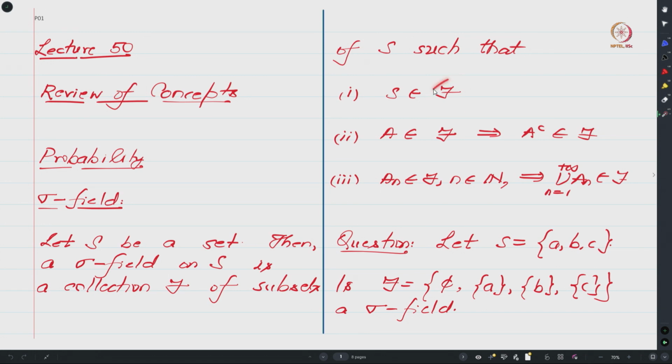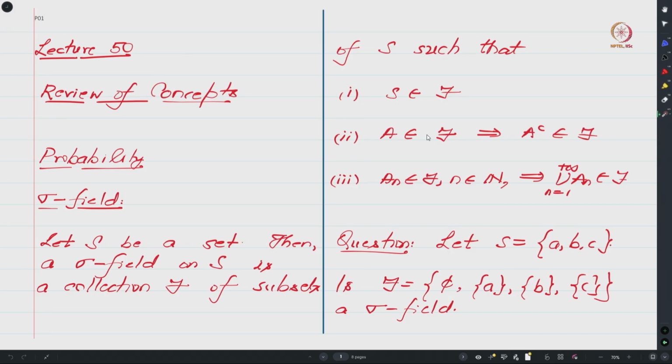Furthermore, we require that this collection be closed under the complement operation. By that I mean, if this collection has a set A, then we necessarily require that set A complement also be in F. Furthermore, we require that this collection be closed under the countable union operation.